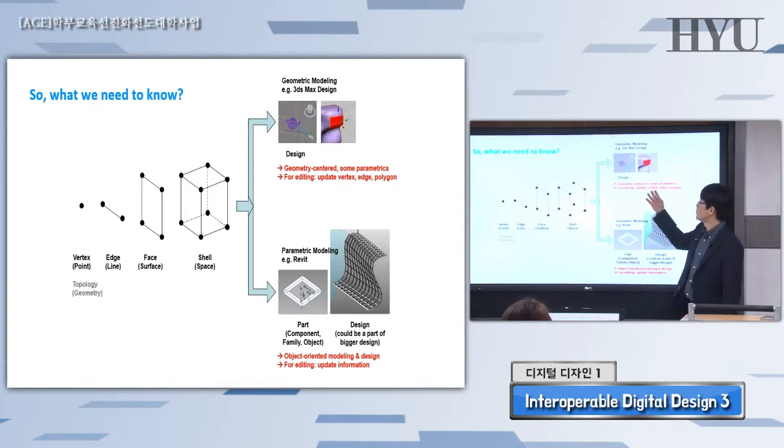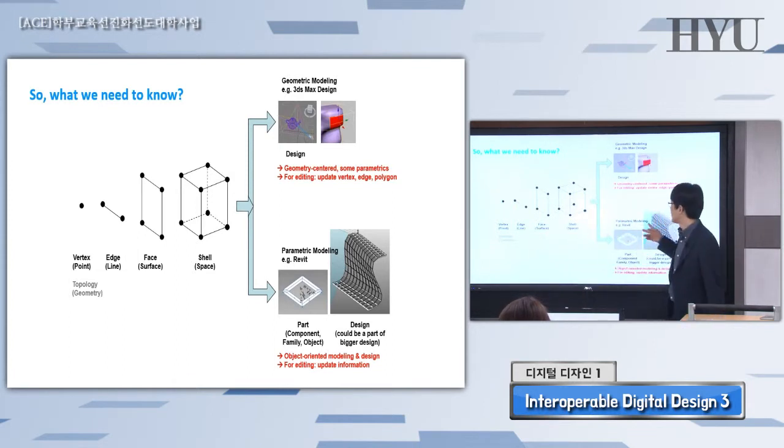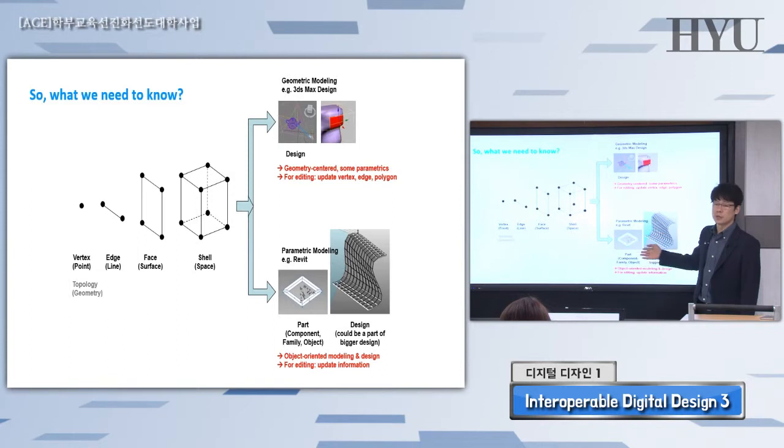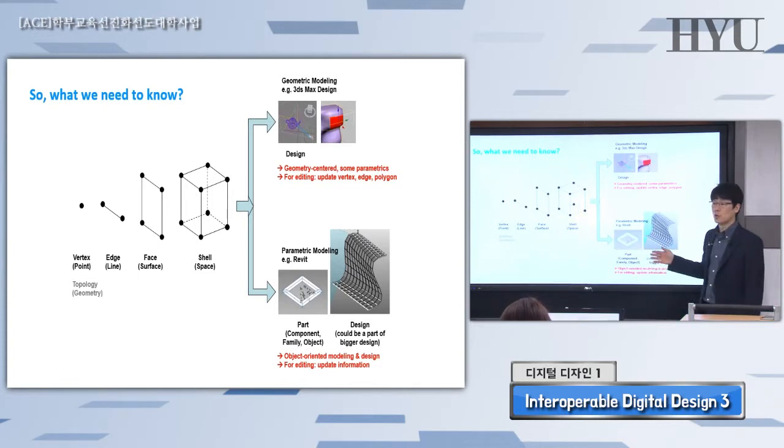In such geometric tools, you have to know point, edge, polygon, base, and so on, okay? Geometric components. But in this parametric modeling tool or BIM tool, you have to know building components, okay? Building objects, building elements, such as doors, windows, sills, columns, door handles, rails, and so on, okay?